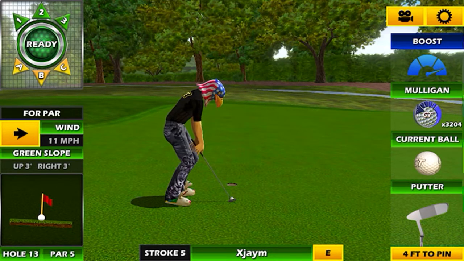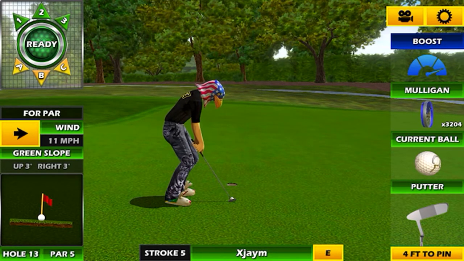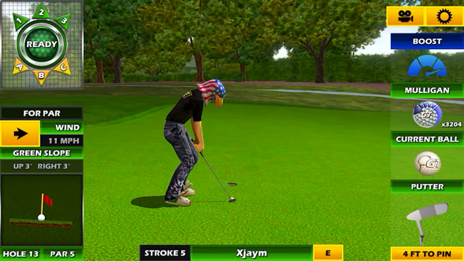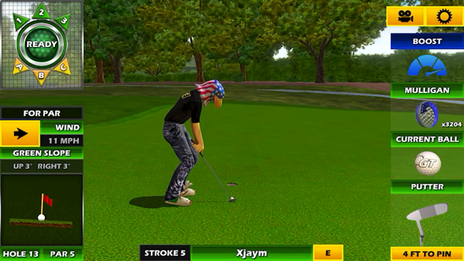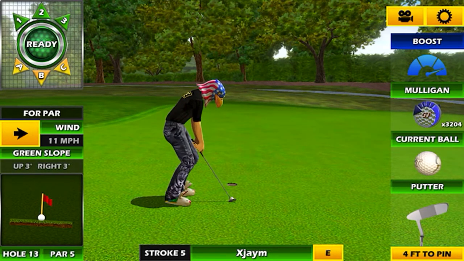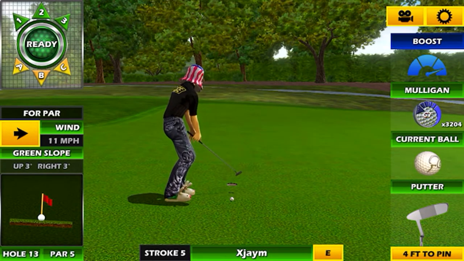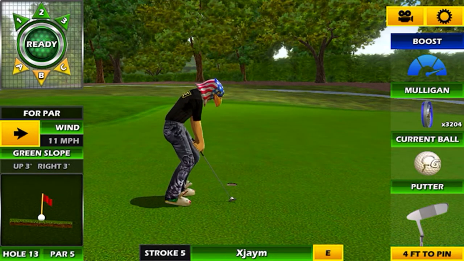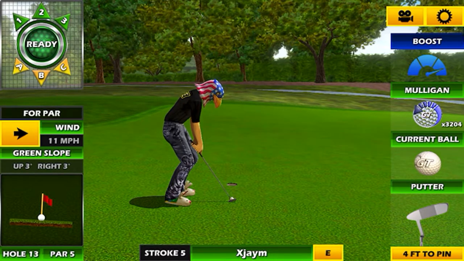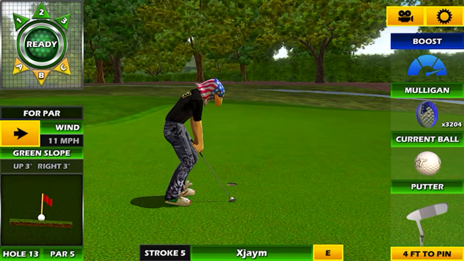I am a golfer, not by trade, but by passion. And the first rule of golf is to have integrity, honor, and humility. I would be doing a disservice, even though this is just digital golf and just a video game.